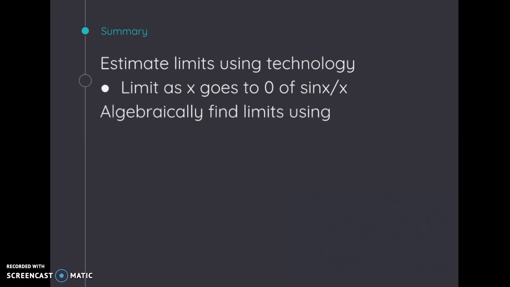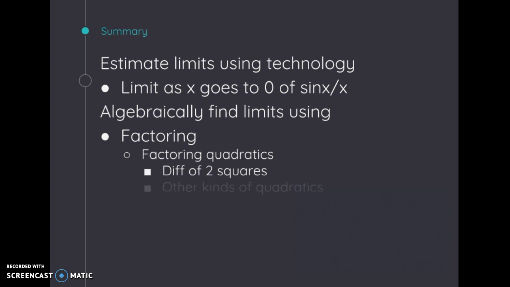Algebraically, we found limits using factoring. So we had quadratics, and you should know how to factor a quadratic. One of the factoring methods is difference of two squares, but we have other kinds of factoring methods for quadratics. Some teachers call it the X-box method for factoring, but that might come up in order to solve these problems. I showed you how to rationalize a numerator.